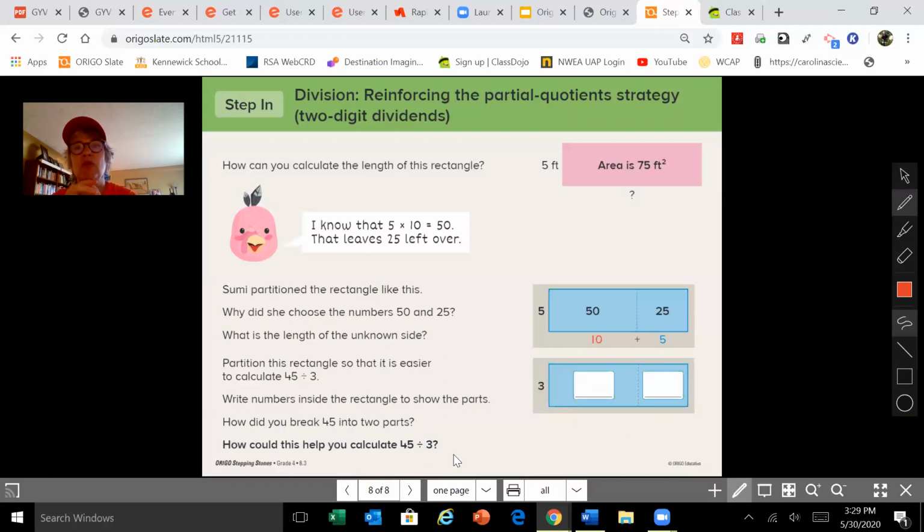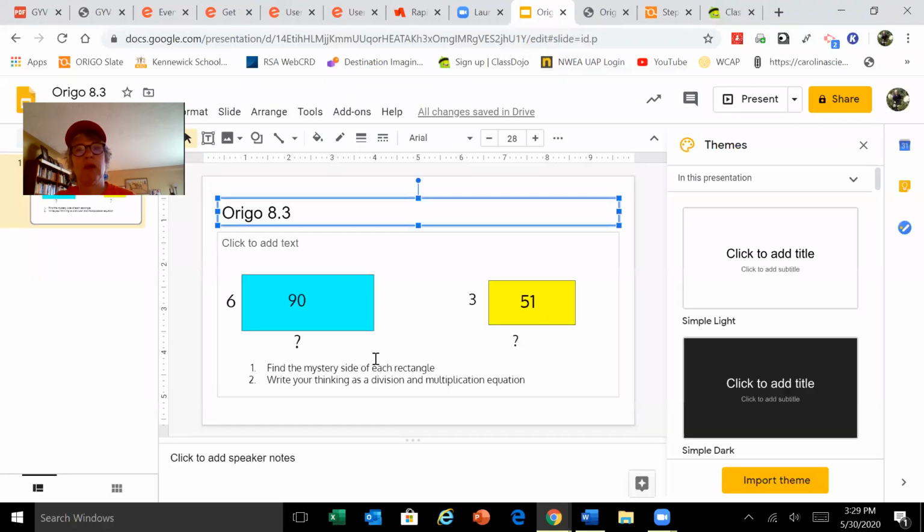So kids, let me show you our journal, that what you're going to be doing for me. Okay, so I've got 2 different problems for you, and I'll walk us through it, and then you guys are going to be doing this for me in your portfolio or in messages. So I've got 90 divided by 6. So again, I want you to think about how you can split up the 90 into 2 different parts.